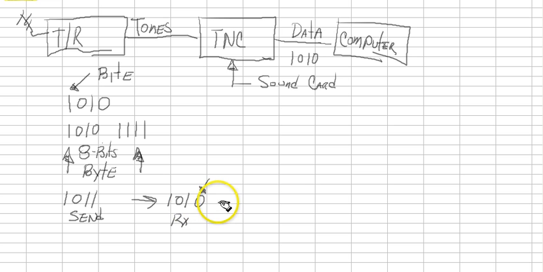Now, how might we devise a scheme so that we know whether we got something that's right or wrong? Well, we do that by sending an extra piece of information. So we're going to actually add something. I'm going to change it up. We sent a 1, 0, 1, 1.